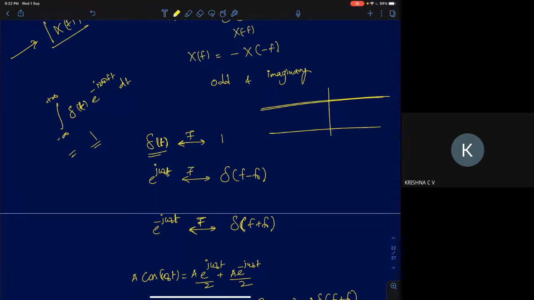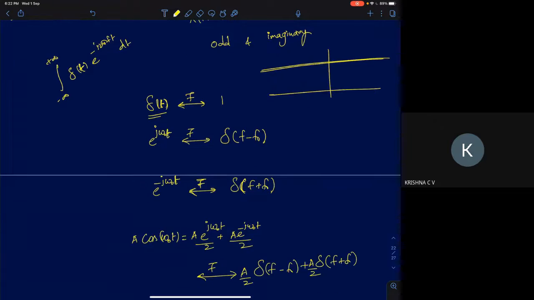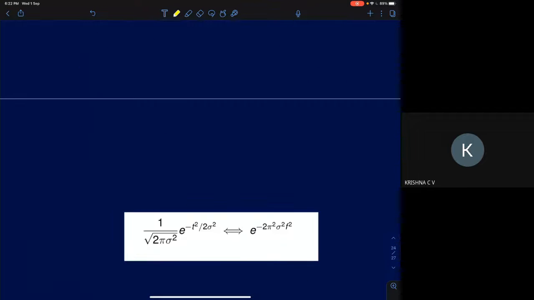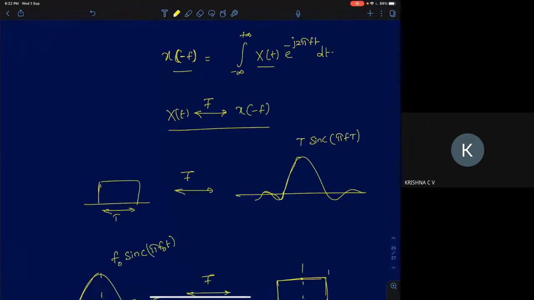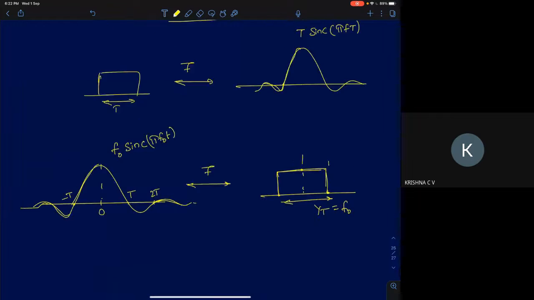Now we'll look at some important Fourier transforms that we have to remember. This is another property that you can very easily prove yourself.